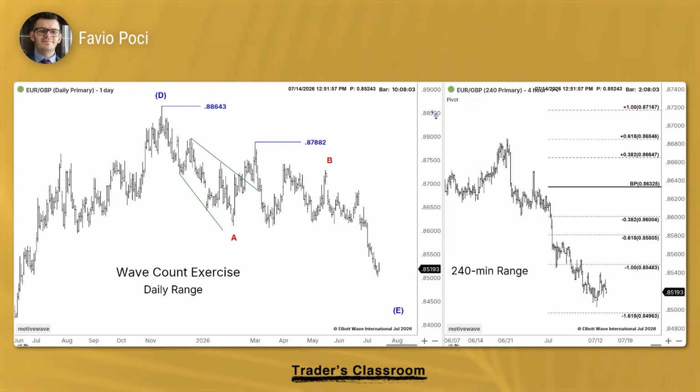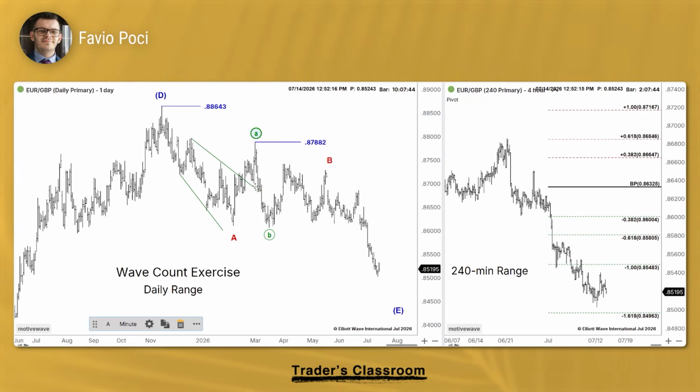So how do we label the internals of the wave B? This sharp rally, the first leg was the A wave of this B wave triangle. We've got the B of B here. It tricked us into thinking that this decline was an impulse.